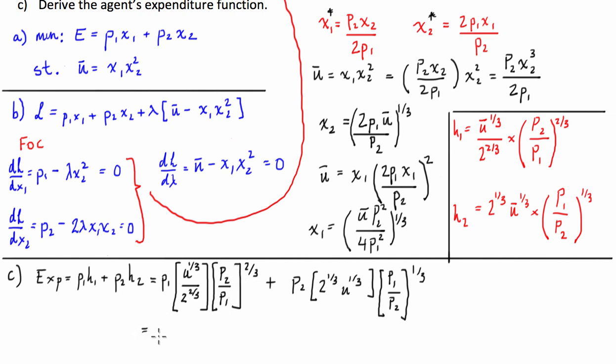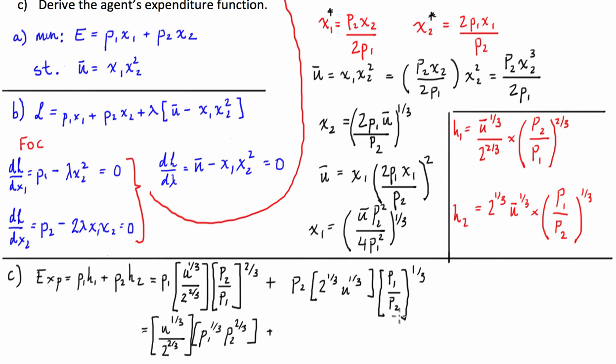So this is going to be equal to u to the power of 1/3 divided by 2 to the power of 2/3, times P1 to the 1/3, P2 to the 2/3, plus, and it's exactly the same with this one.